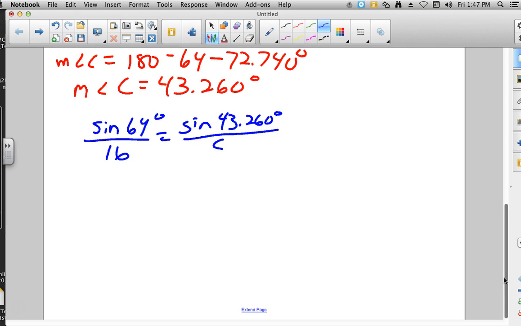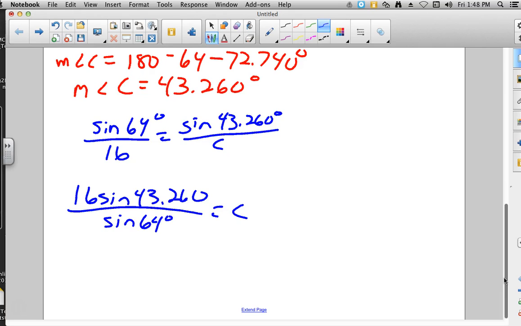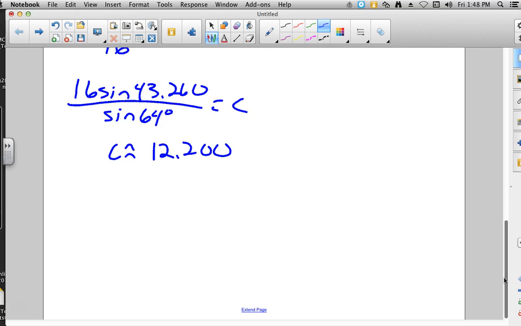And then a little cross multiplying again, so 16 times the sine of 43.260 divided by the sine of 64 degrees will get us little c. And little c is approximately 12.200.